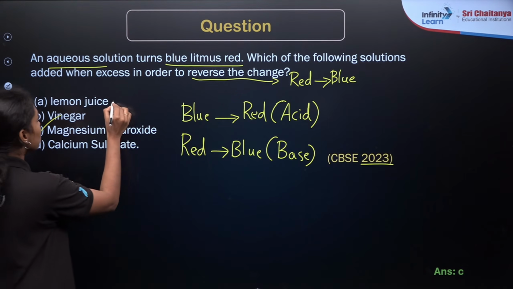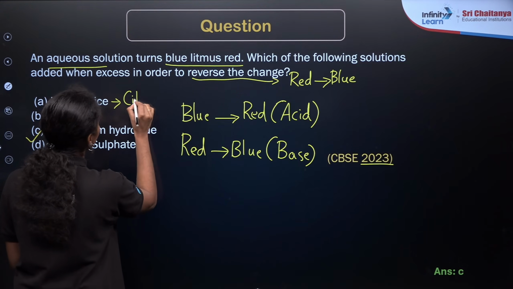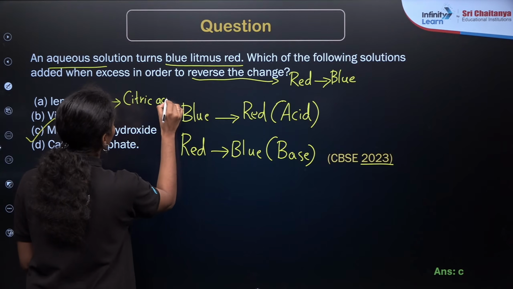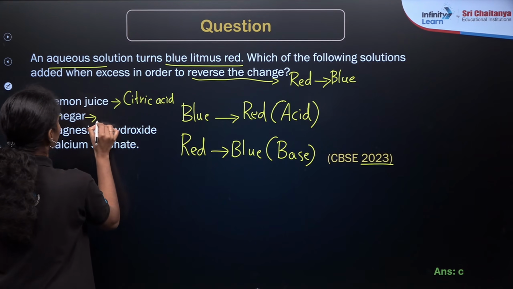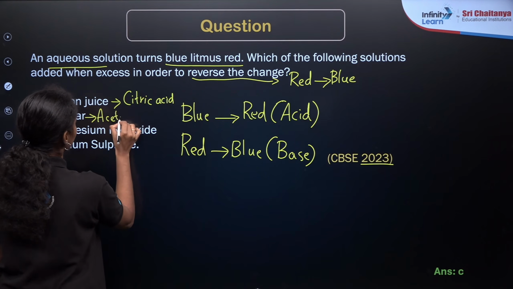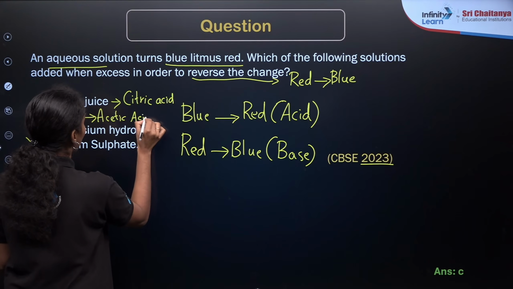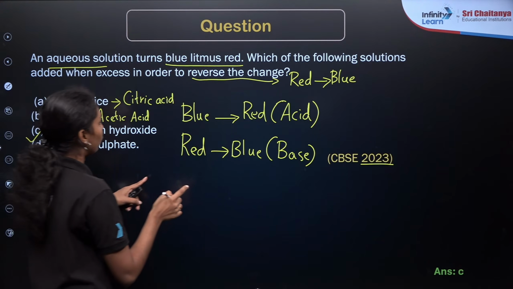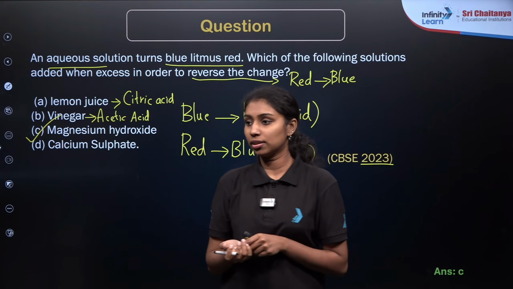Yes, in the case of lemon juice, it is citric acid, right? This is again an acid. Then vinegar is acetic acid, right? Then what about the last one? If I'm asking about calcium sulfate, whether it is an acid, base or salt.